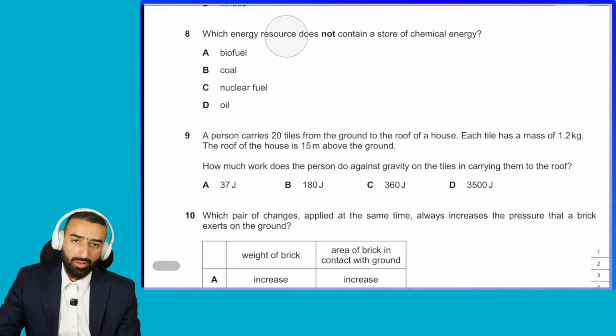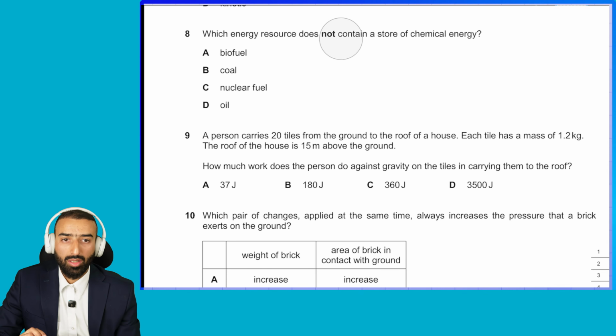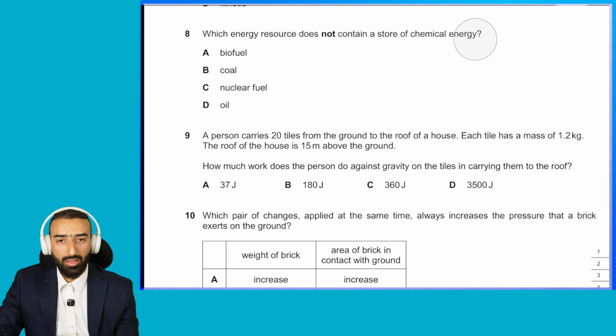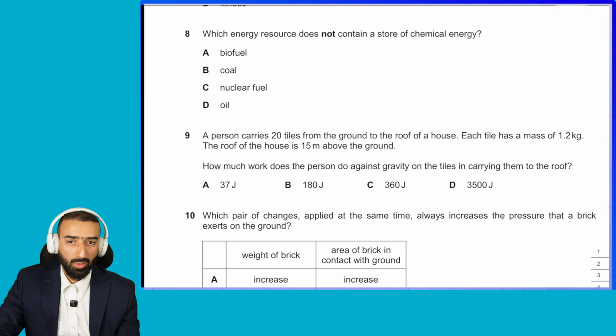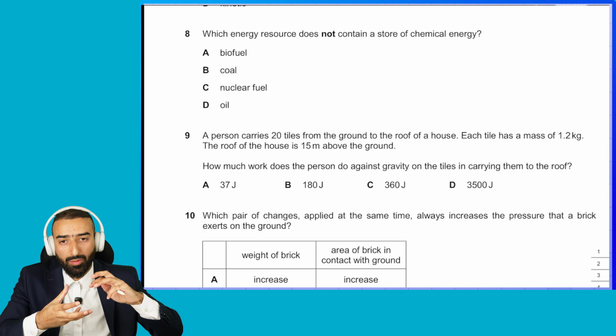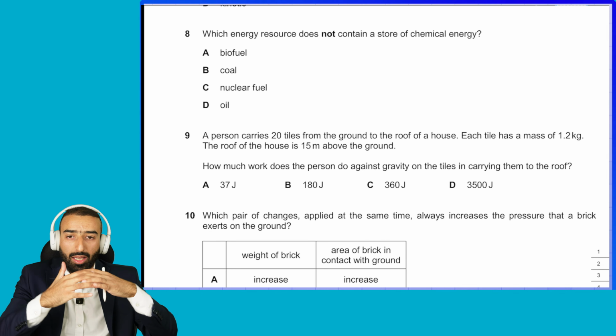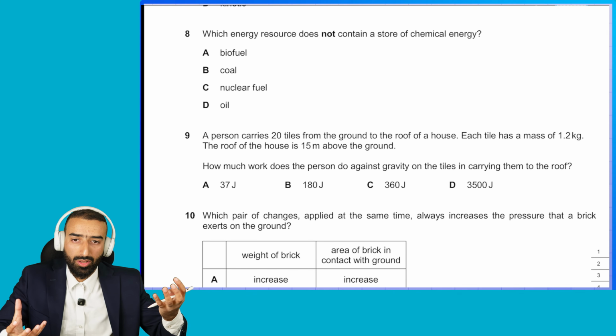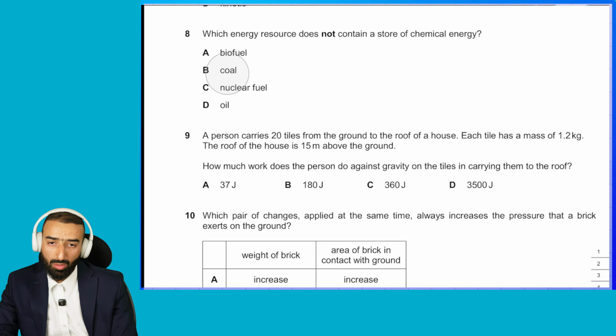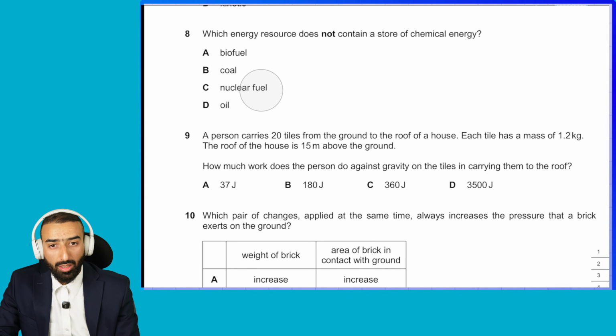Which energy resource does not contain a store of chemical energy? Biofuel? Well, biofuel does contain chemical energy. When we try and use a biofuel, there's a chemical reaction that happens, and that chemical reaction releases chemical energy. Same story with coal. But what about nuclear fuel?